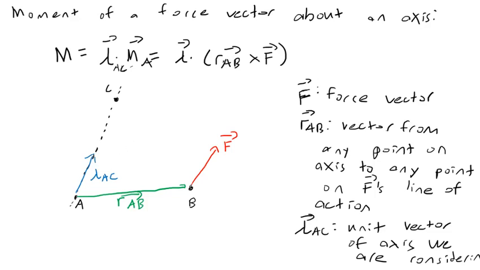R is the actual vector, not the unit vector, from a point on the axis to the point where the force acts through, and F is the force vector.